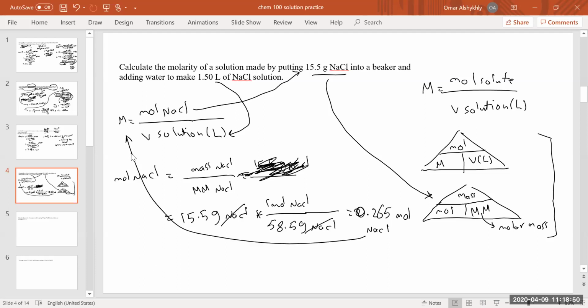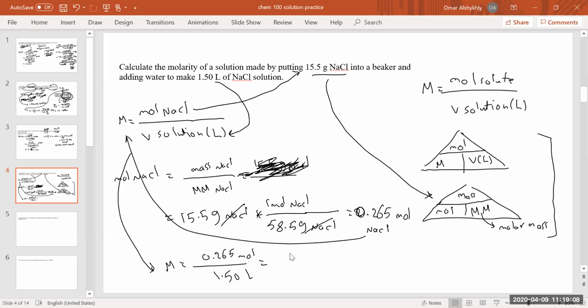Now let's go back to this equation. Here, molarity will equal the mole 0.265, and the volume is 1.50 liter.